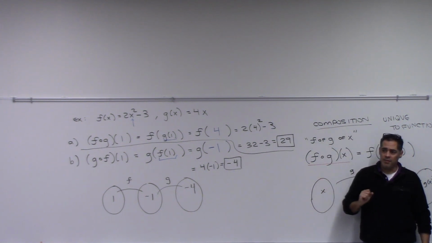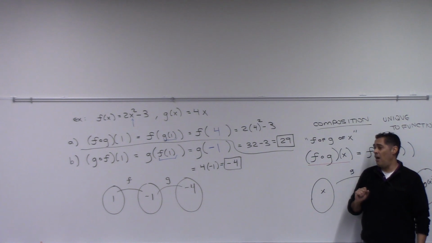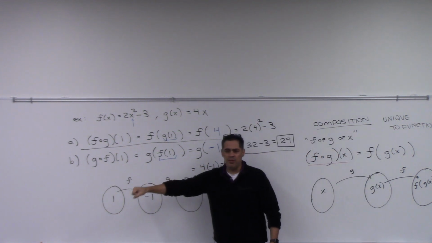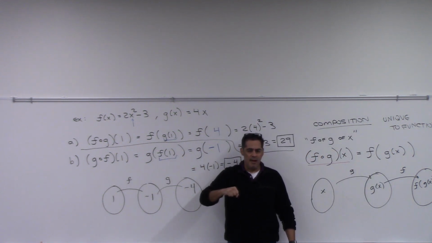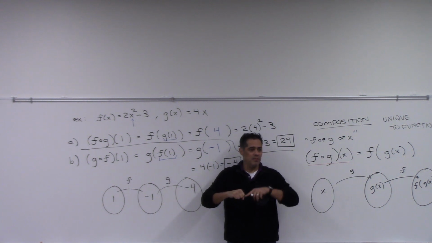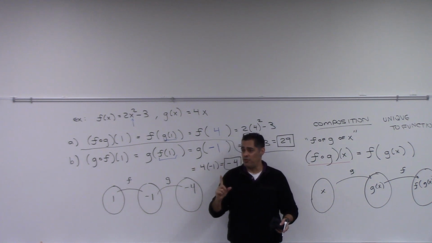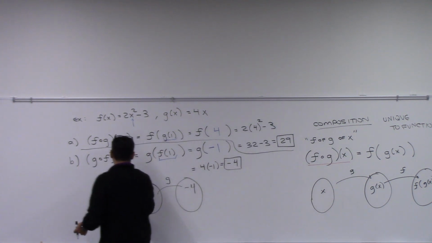It can be part C. It can be FOF. So what does F of F of negative 2 mean? It means negative 2 is going to go into what first? F. That's going to give us an answer, right? And then that answer is going to go into F again. So it's like you're sending the car through the car wash twice. Same car wash, right?